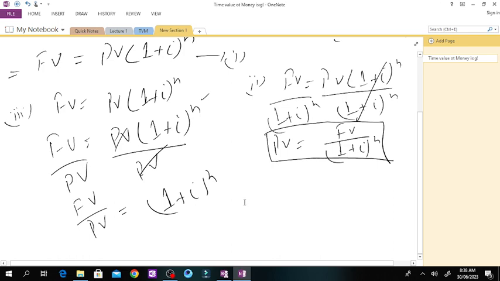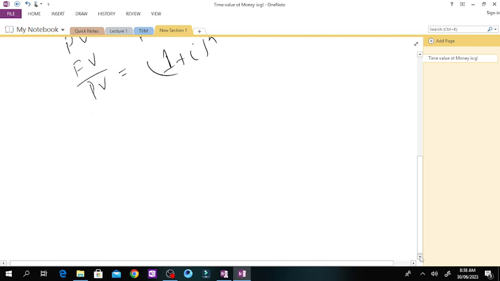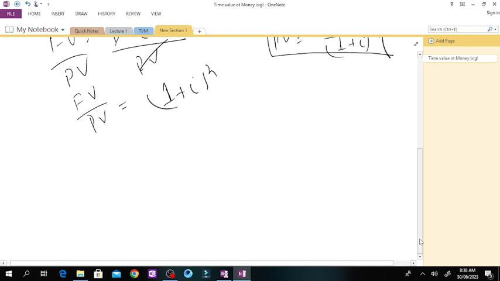Now, if you remember, we have some basic knowledge about math, that we will take log on both sides. Why are we taking log? This is a theory that whenever you take a log, the power will come first.